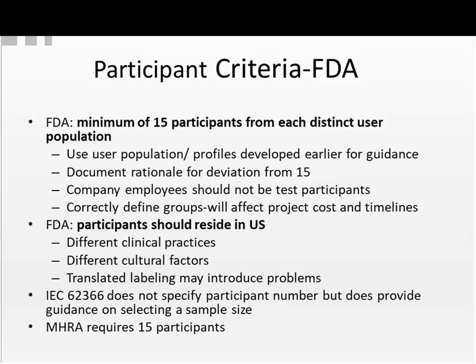I had a recent project where the device was used by highly specialized people, and there weren't 15 people in the entire reasonable geographic area who could operate the device, who had the medical background for the device. So this was a good rationale for deviation from 15 people, but usually you should have 15 people.